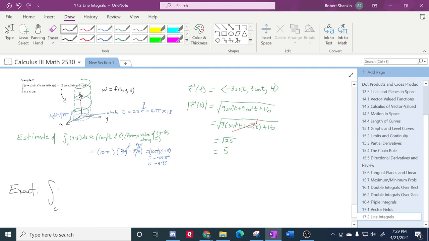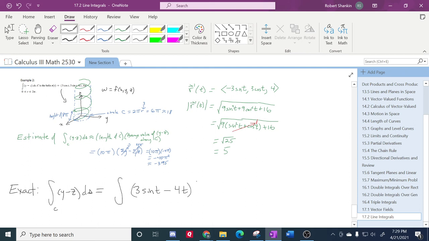The integral along c of y minus z ds is equal to, now we have it parameterized. We know we're going to replace y with 3 sine of t, minus z, which is 4t.